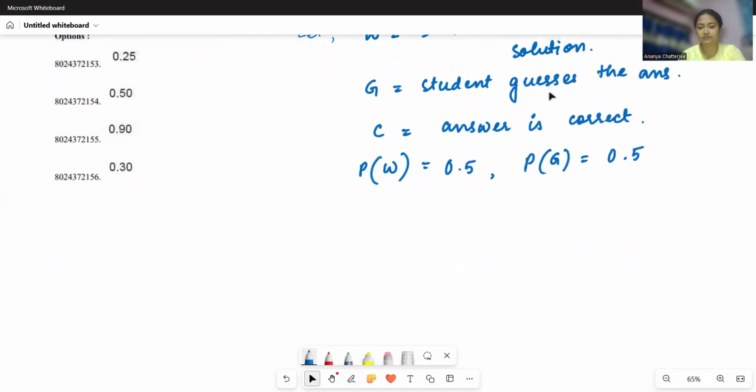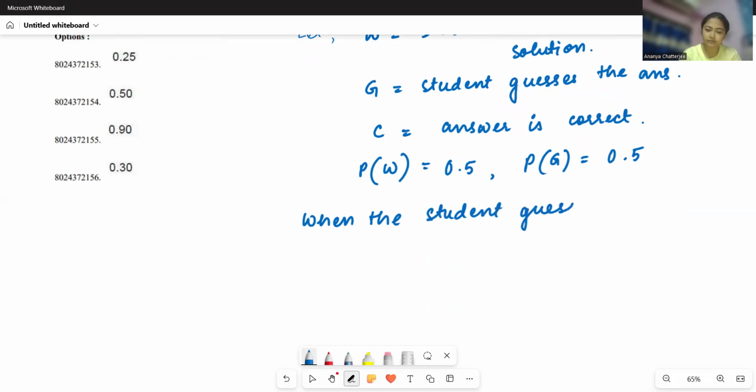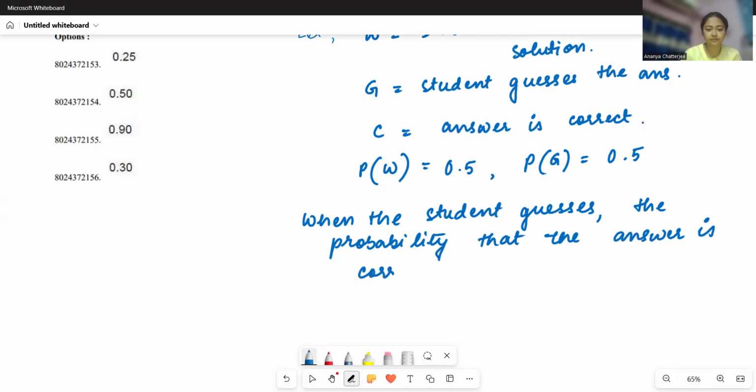Now, what we can see is that when the student guesses, the probability that the answer is correct given that he or she guesses is 0.3.